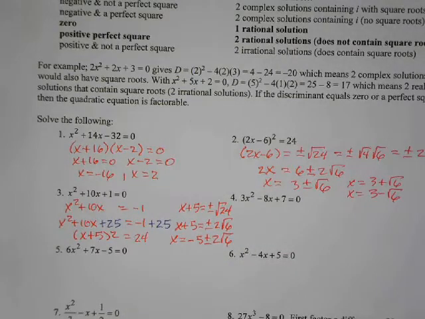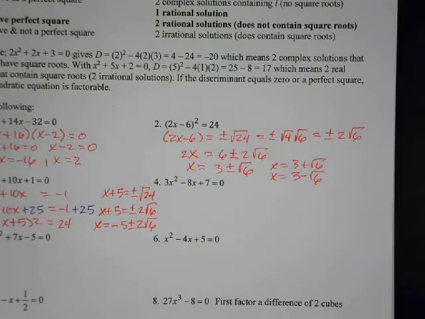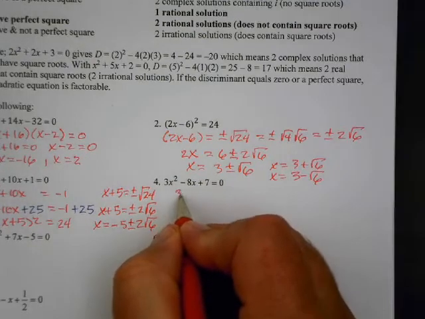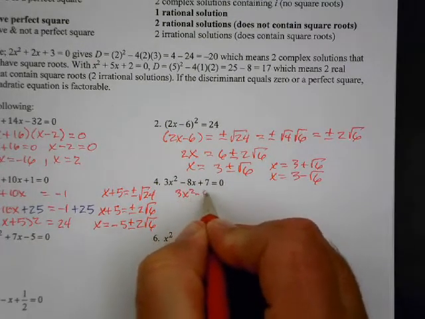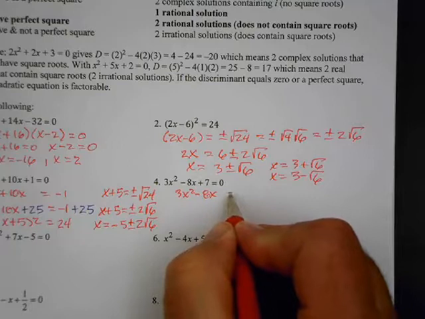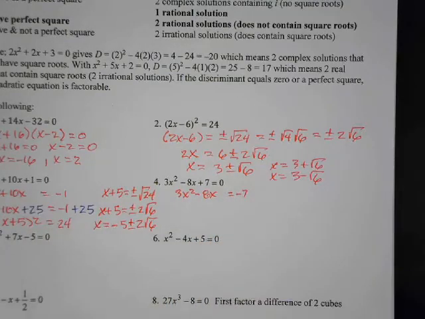Number 4, we're also going to do a complete the square. It's a little bit messy though because of that 3 in front. So I'm going to start off the same way. However, I'm going to divide everybody by 3 now, so that this just has an x squared.